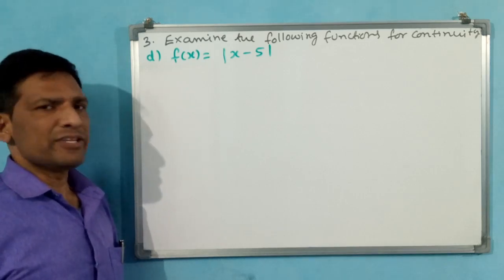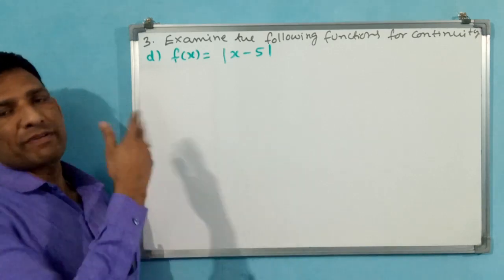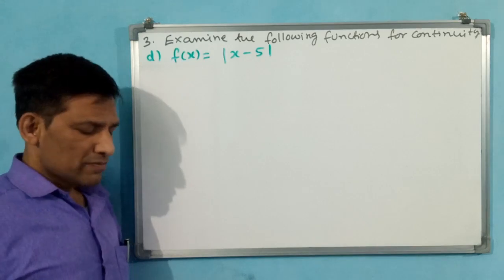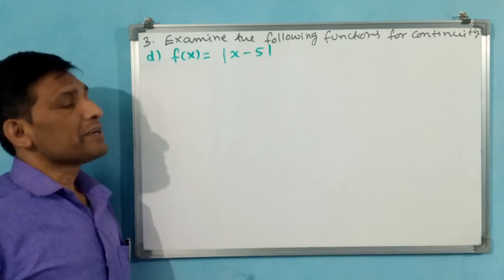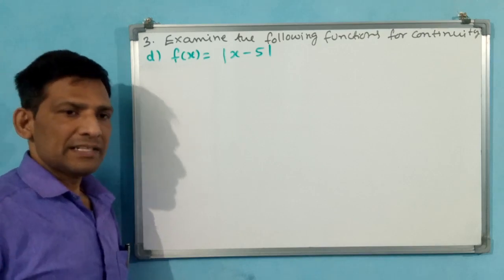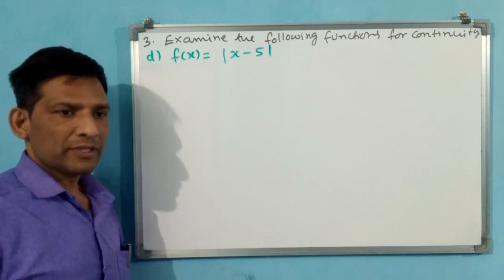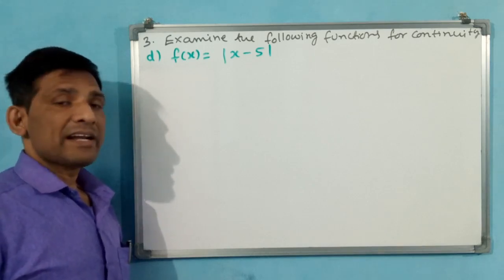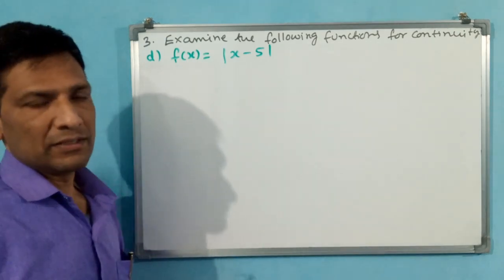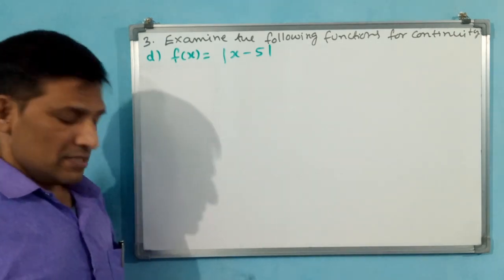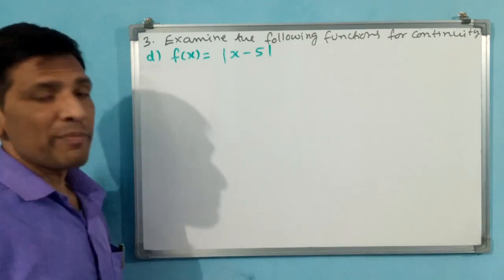Here also, equal to 5, less than 5, greater than 5 you have to take, but any value you take, this function is continuous only. Modulus function is normally continuous only. Minus also it will make plus, so the final result will always be plus, or else 0 will come. Left hand limit, right hand limit, any limit if you give, the same thing is going to come here, modulus function. We know that this is a continuous function, but how to examine or prove?